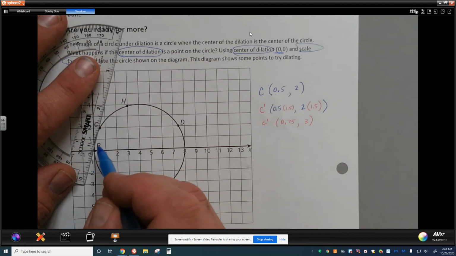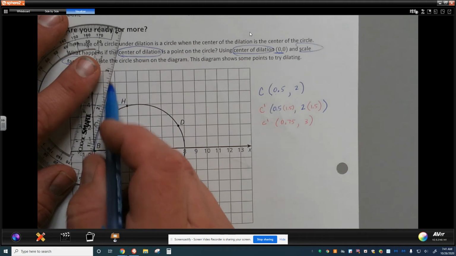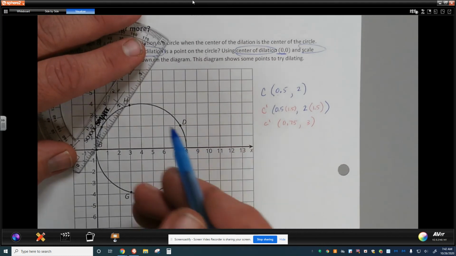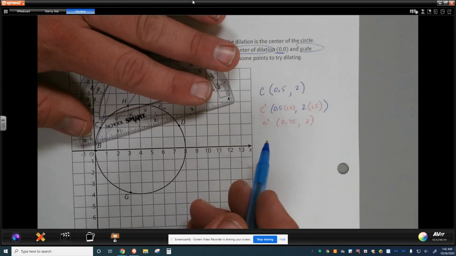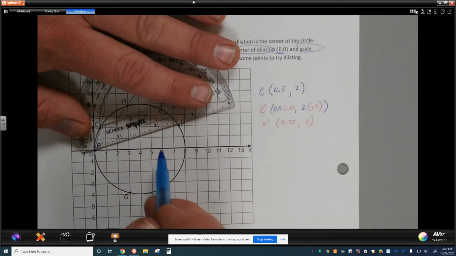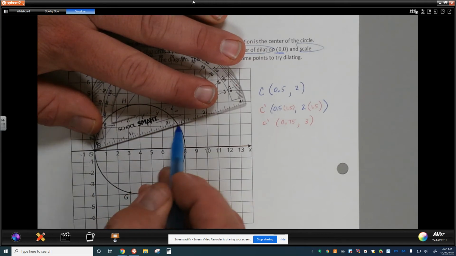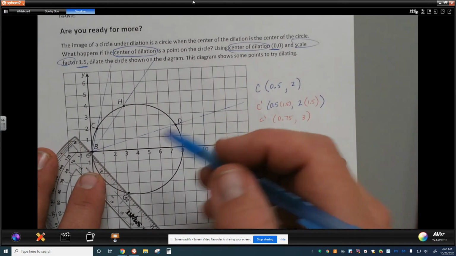So we're just going to quickly and gently sketch these in, just nice and light. We're going to do from C, point C, and then to point H, then to point D. That looks like it's going to be quite a ways away, so I may not have enough there. And point G.